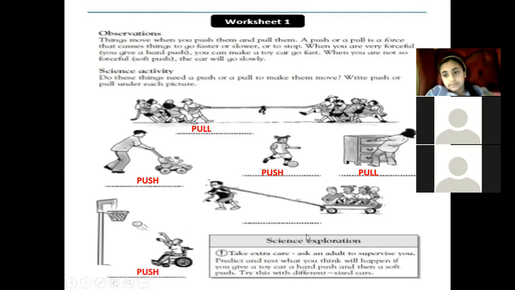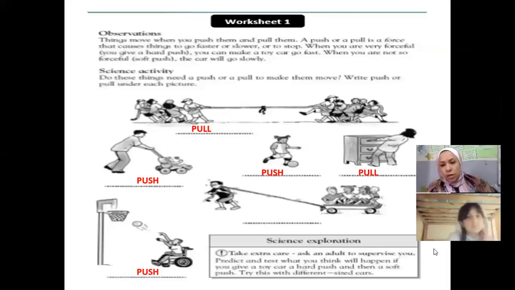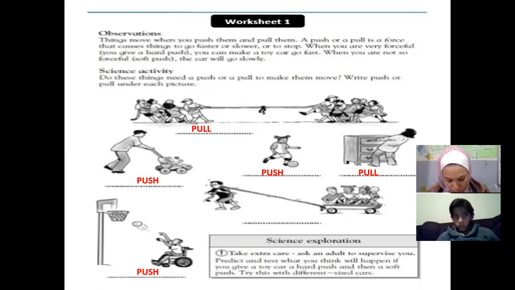Very good. And the last one, I will take Lena, are you still there? Yes, I am there. I just cannot open my camera. Okay, do you see the screen? Yes. Okay, this boy is pulling or pushing? Pulling. Yes, he is pulling his friends. So it's a pull force.